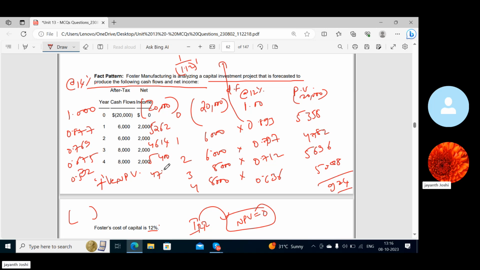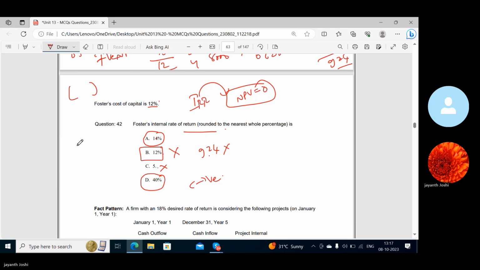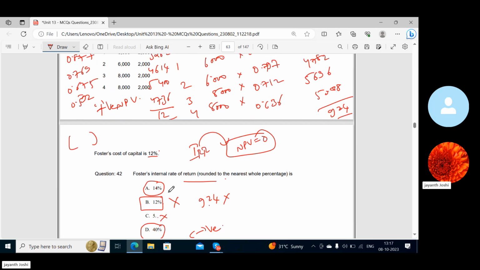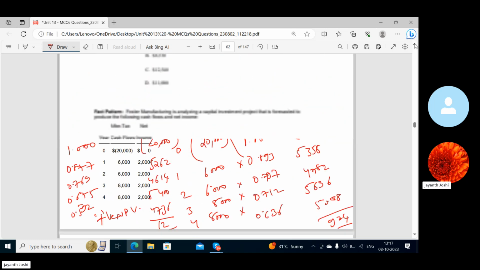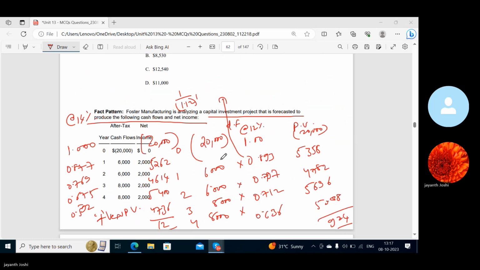If you do this, you'll get 12, which is almost negligible, almost near zero, correct? So your IRR would be 14%. Done. Please make a note of this. We'll move forward.